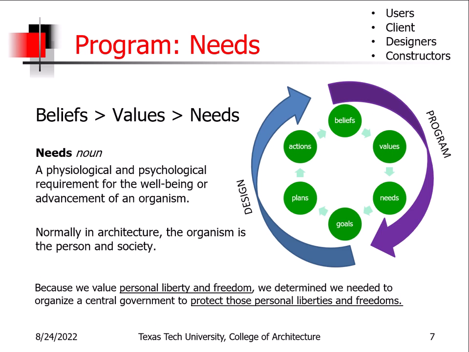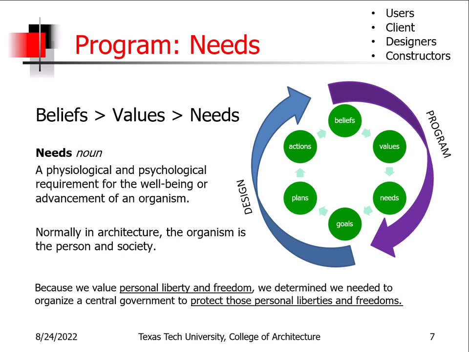In this case, normally in architecture, that organism is the person or society. So we create needs because we value things. Once again, if we go back to the sanctity of life, if we find it sacred and important, then we value health and life, giving health.